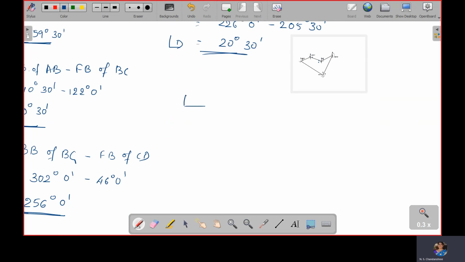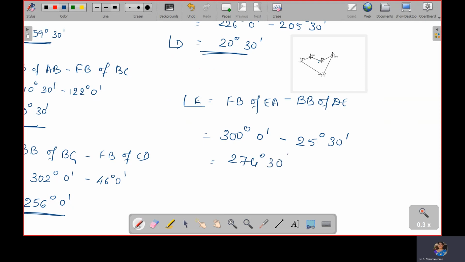Next is the last angle E, which is forebearing of EA minus back bearing of DE. That will give us 300 degrees 0 minutes minus 25 degrees 30 minutes. This will be 274 degrees 30 minutes.